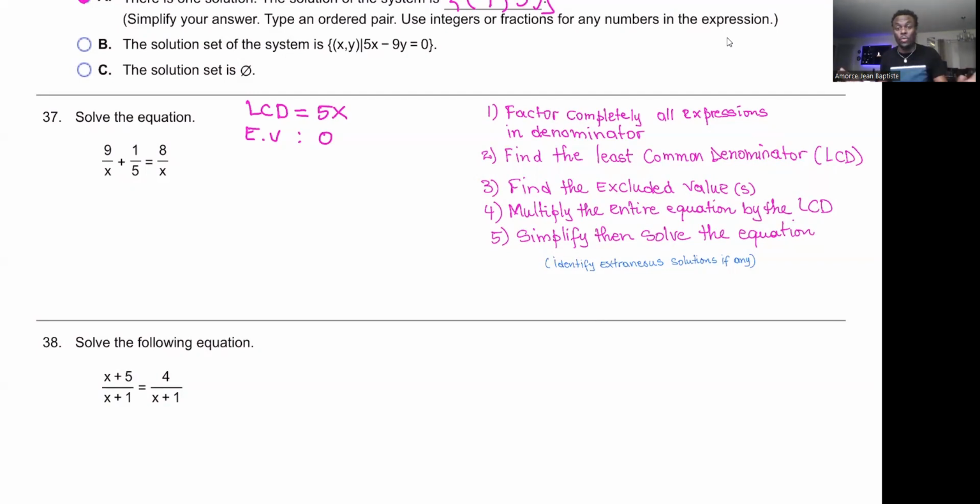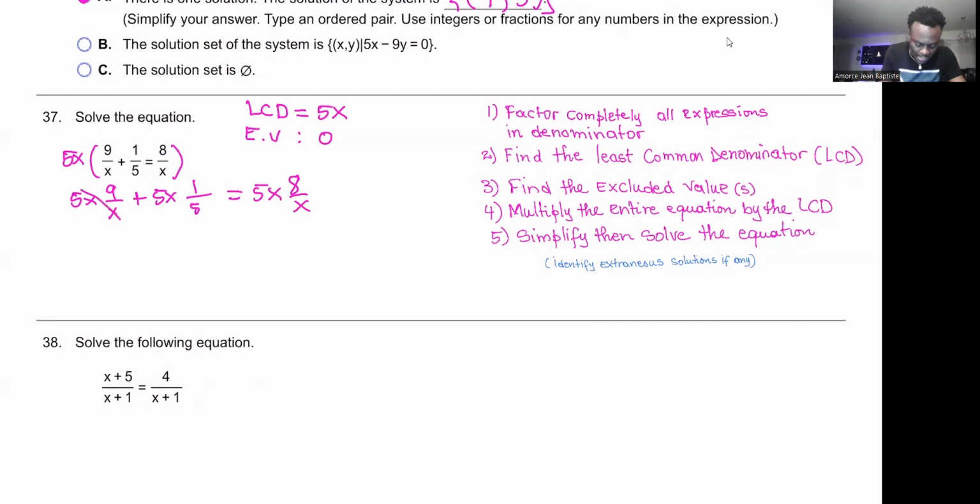Now we know the excluded value and the LCD. The next step is to multiply the equation by the LCD 5x. So that's 5x times 9 over x plus 5x times 1 over 5 equals 5x times 8 over x.